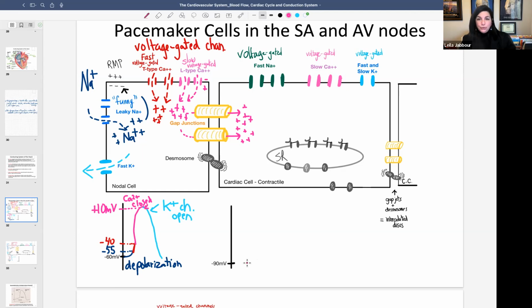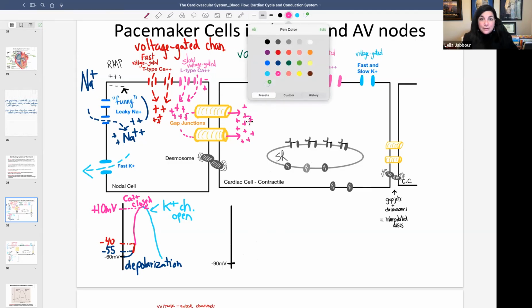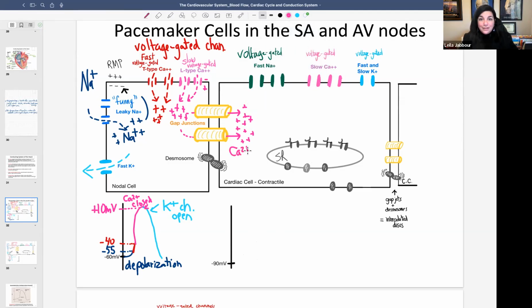So I'm going to talk about the depolarization of the cardiac cell using this next action potential graph. And so what happens? We have all of these calcium ions coming through those gap junctions.